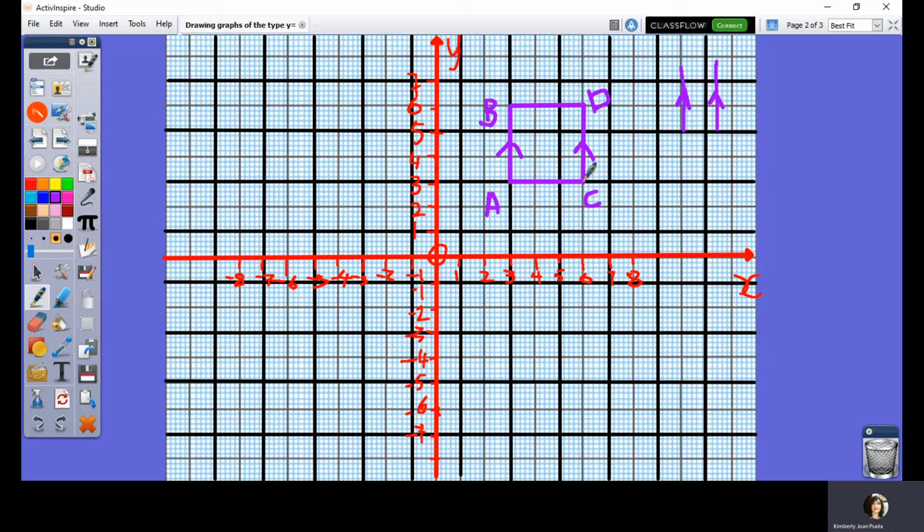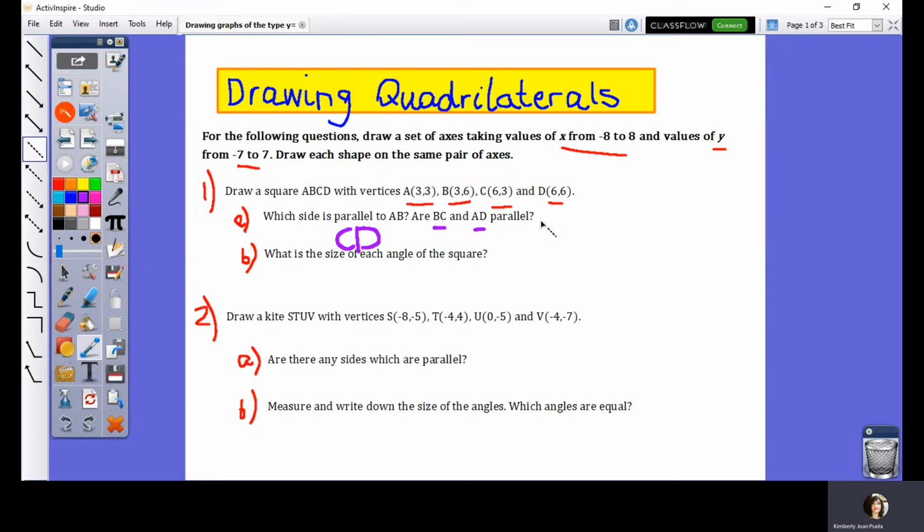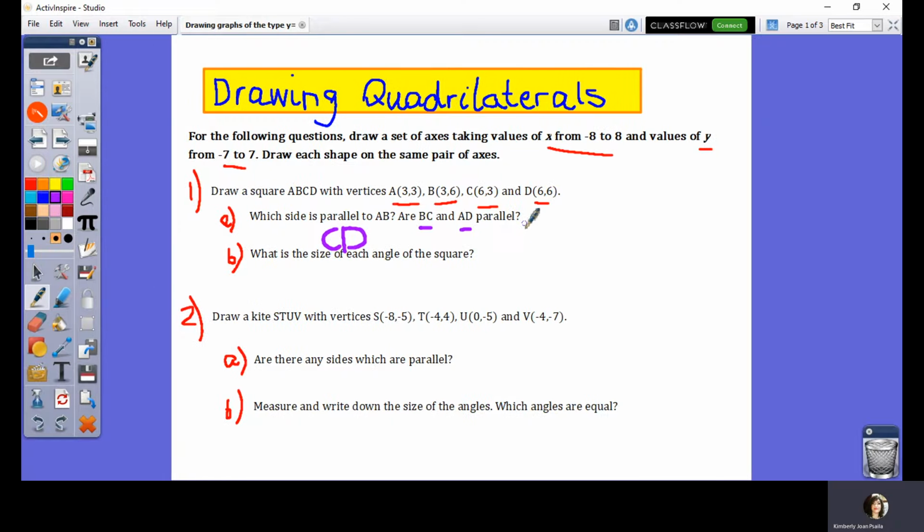In this case, no, they cannot be parallel. If I draw them for you, BC is this line and AD is this line. You can see they are not parallel because they intersect at some point here. Therefore, no, these two lines are not parallel.